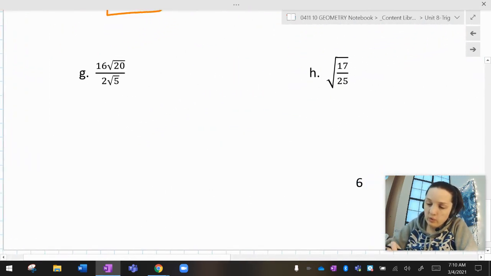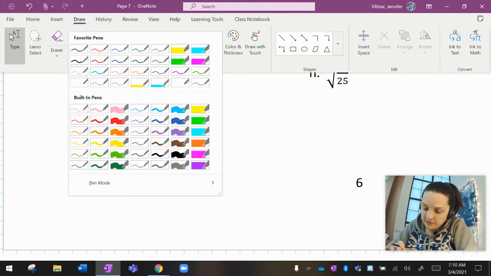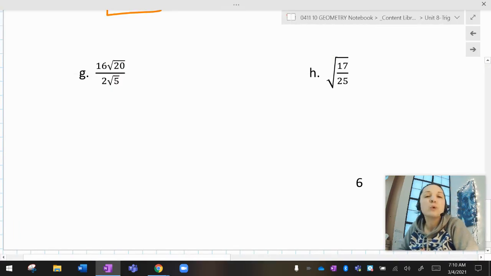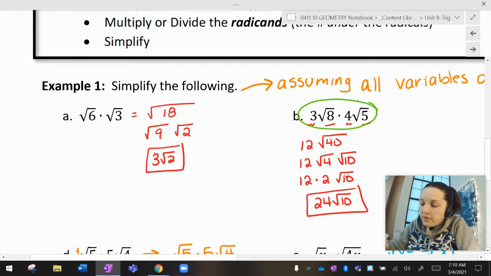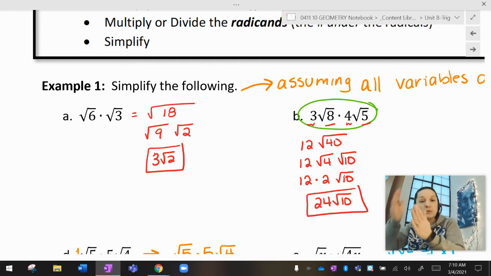All right, so red, orange, yellow would come next, but that seems silly to write in, so I'm going to go to like a light green here. 6 times the square root of 20 over 2 times the square root of 5. If you have something set up like this, you can think of it a lot like this one, where if I had a coefficient and a radical times a coefficient and a radical, I multiply the coefficients, I multiply the radicals.